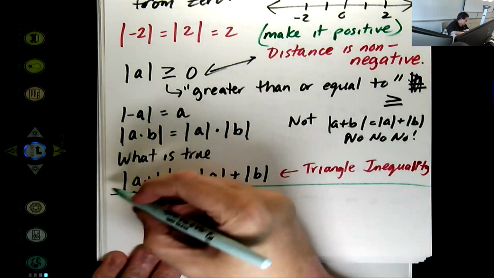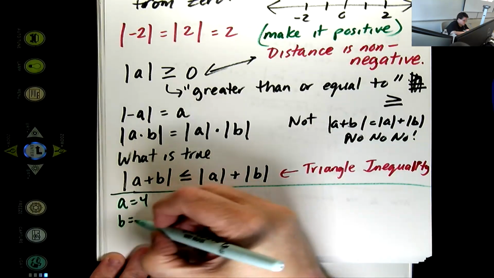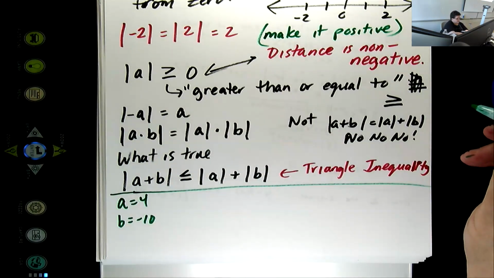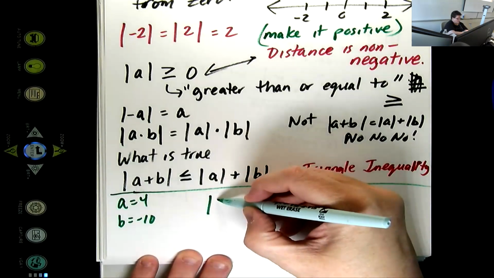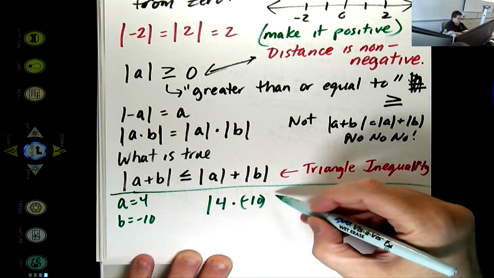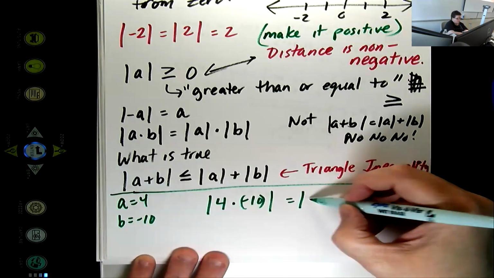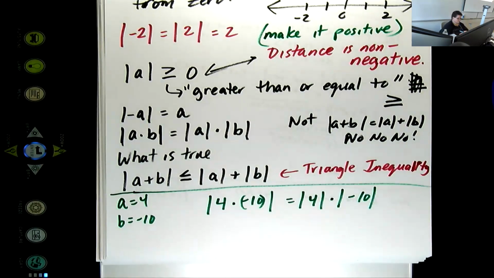Let's say A equals 4 and B equals -10. We can do 4 times -10. That's my A times B. We can show that's the same thing as the absolute value of 4 times the absolute value of -10. We're testing out that multiplication one right here.